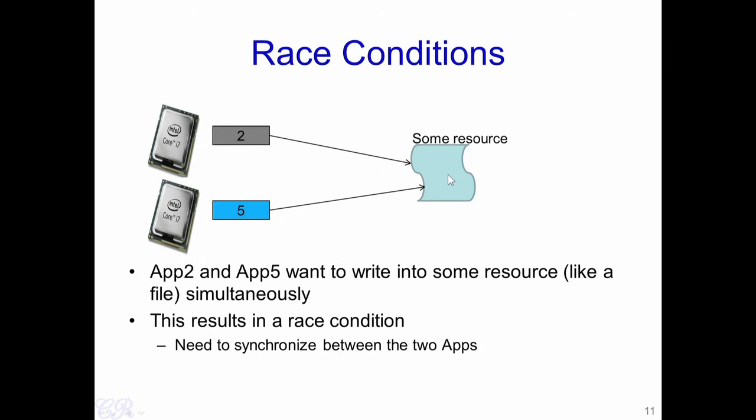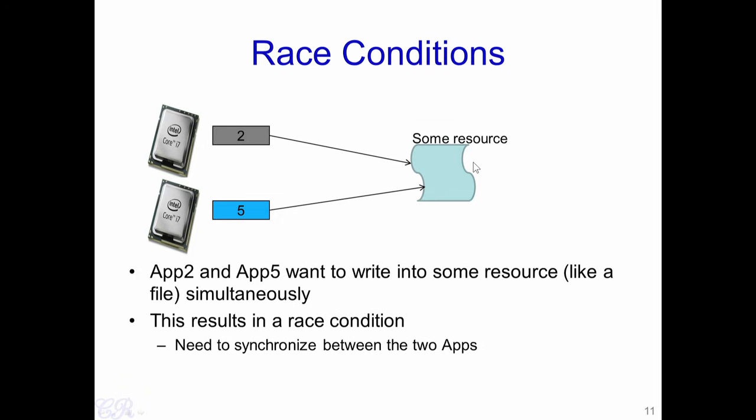For instance, let us say this resource is a particular file, or it could even be a device like a printer, and we have two applications, application 2 and application 5, that want to write or print something to this resource. So, both application 2 and application 5 want to use this particular resource.